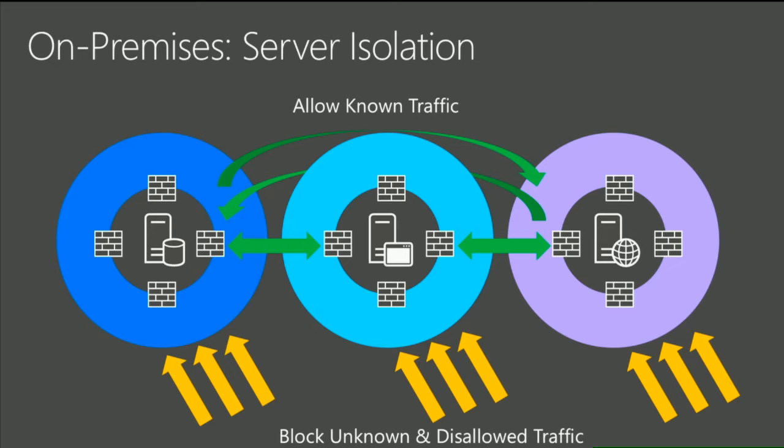But if I've already put server isolation in place and said only allow those ports to be accessed within this specific range of servers, because as an end user, I never make a call to that. As an end user, you will never make a call to a port at 32,500, because that's an internal communication mechanism for SharePoint.